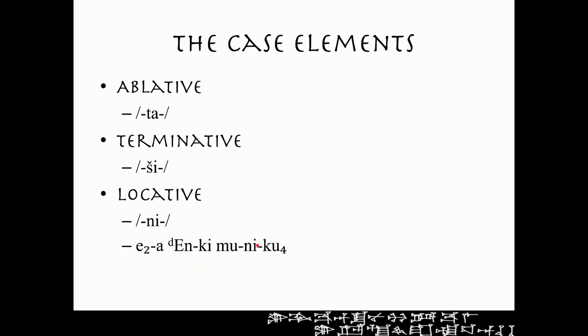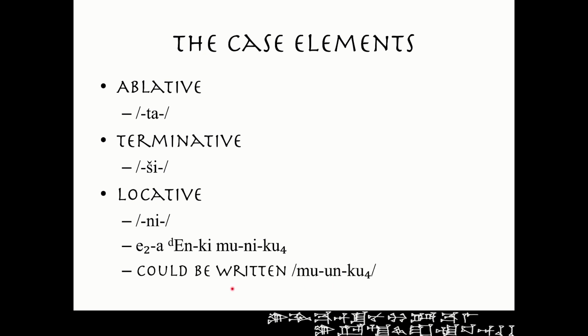So this is a locative reference. It's a locative case element. So it's saying, hey, there's a locative in the sentence somewhere. Go find it. So this sentence would mean Enki, the god, entered into the house. Enki entered into the house or in the house.